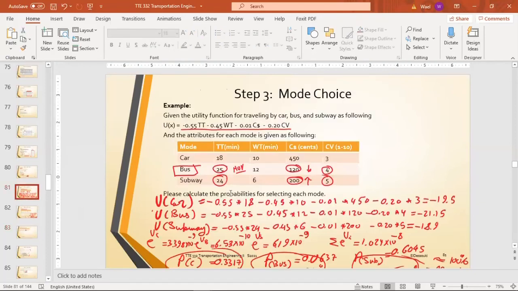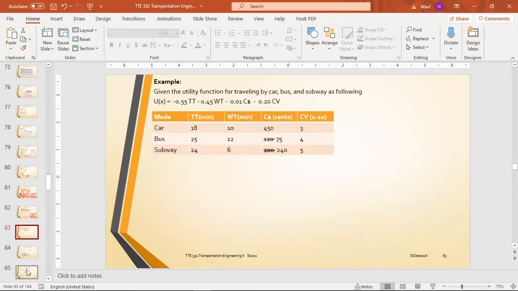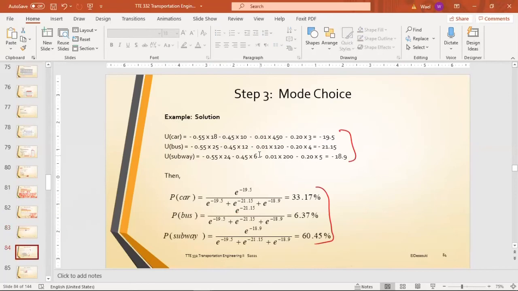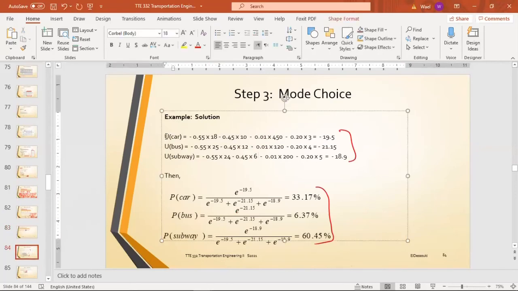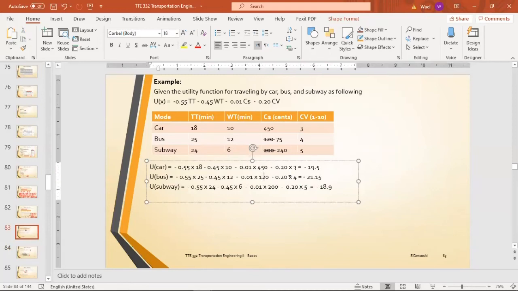So based on this, the utility function for the car did not change, correct? Here, let me just have a look at this. So here, as you can see, the first line, there's no change. But here we are going to have to change this to be 75, and this one will be 240.